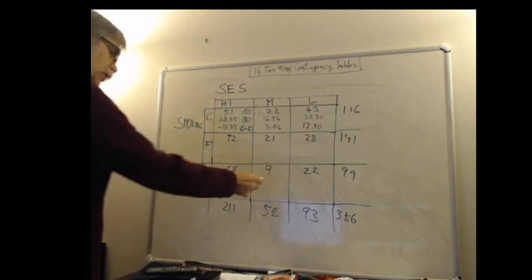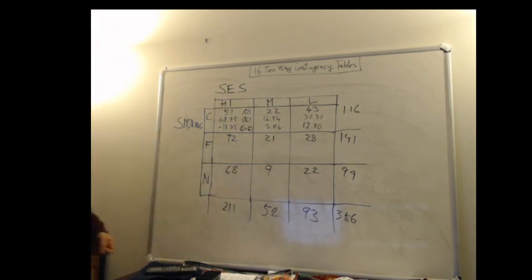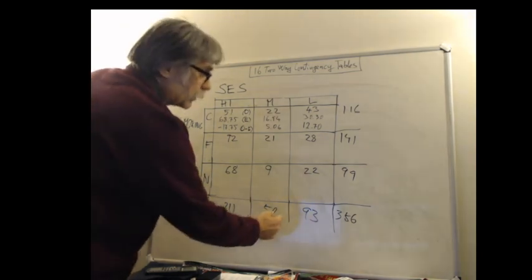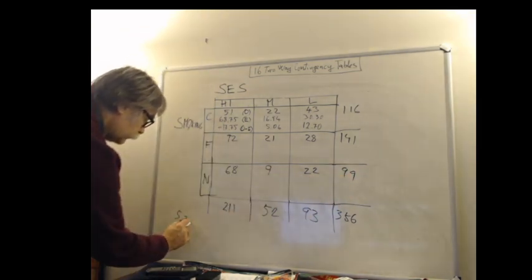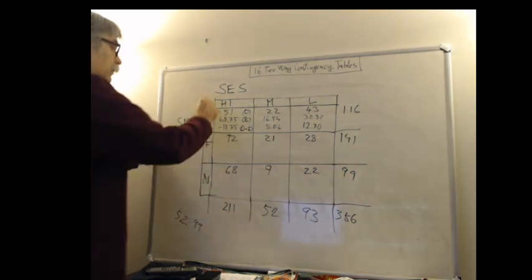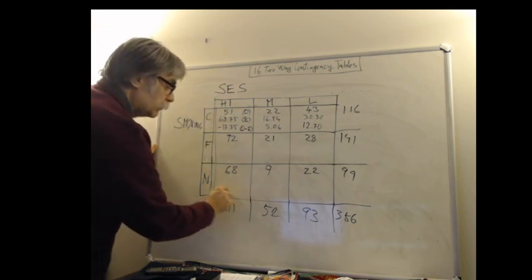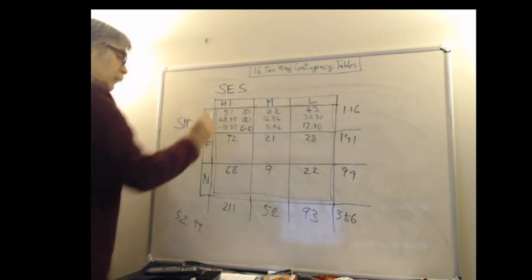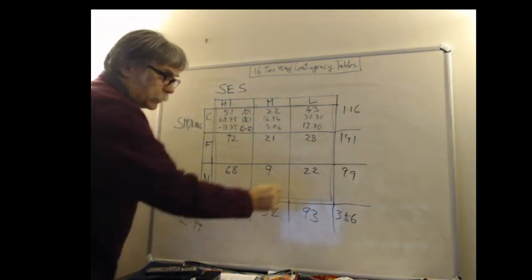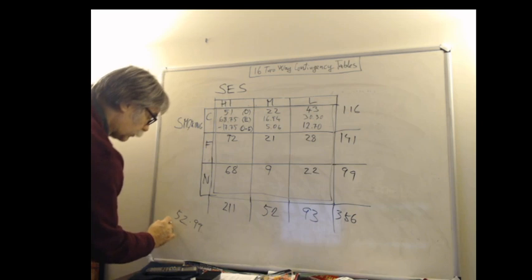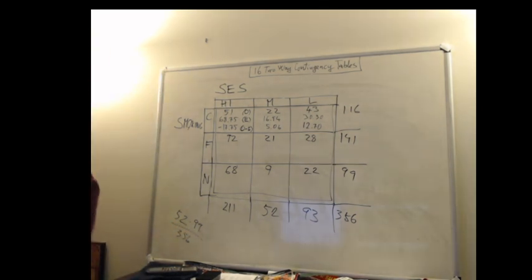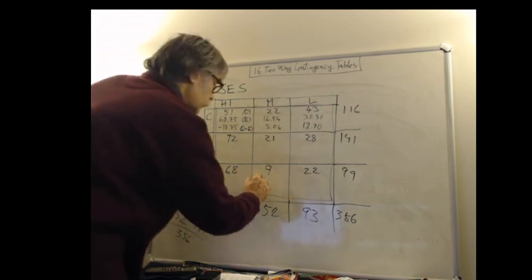Okay? What is going to be the expected value here? 52, the marginal, times the marginal. So again, this is the main body of the table. So marginal times marginal divided by the total. And if you calculate that correctly, you'll get 14.46.